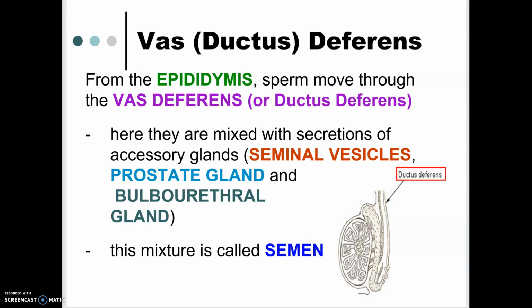This structure carries the sperm past a series of accessory glands, and those glands add secretions in with the sperm. We'll have secretions from the seminal vesicles, the prostate gland, and the bulbourethral gland. When those secretions mix in with sperm, we call that mixture semen.